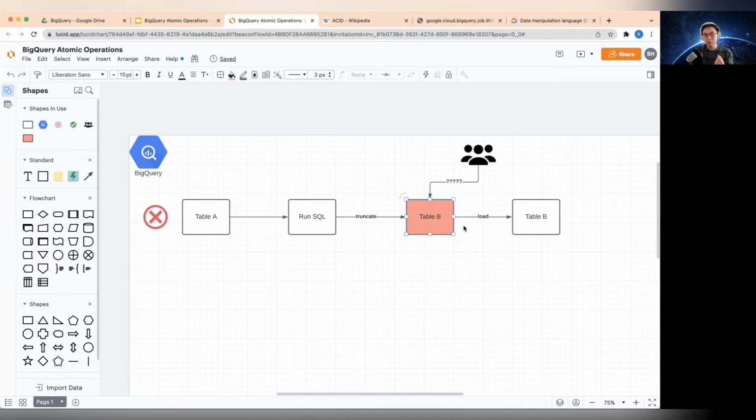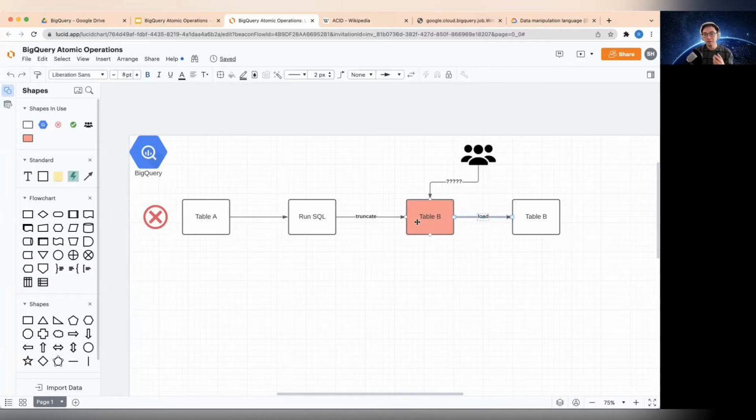But because you've truncated table B already, the stakeholder will wonder what is going on, as there's no data in table B. At that stage you're stuck, because you already truncated the previous version of the data and don't have it anymore. So this becomes an operational issue.